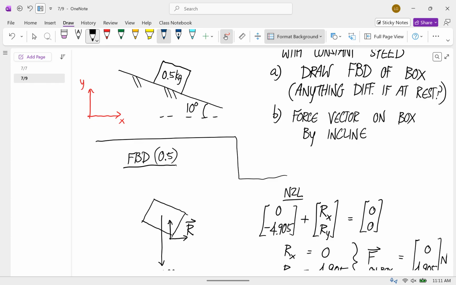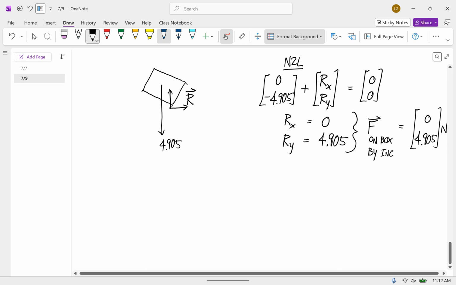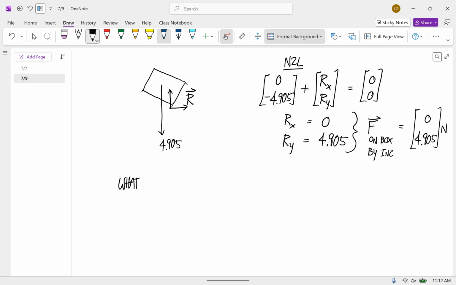What if you did want to calculate the component of this that's the normal force and the component that's the friction force? You could do that with a dot product with projections. So let's just calculate what's the normal force.